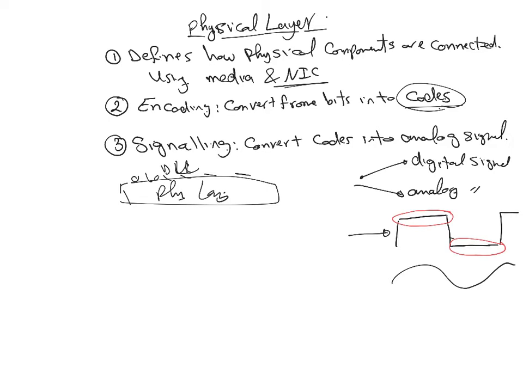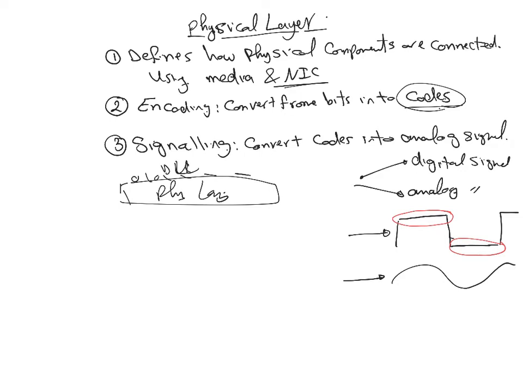In some radio and TV applications, these codes are analog signals. So codes are a very generic term that indicates either some form of digital signal or analog signal, or just a group of digital or analog signals.